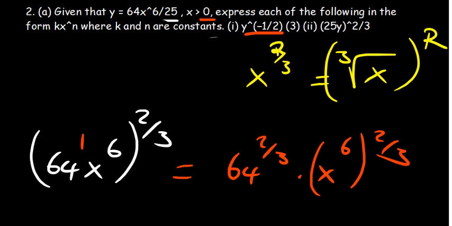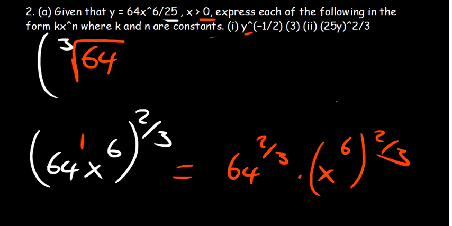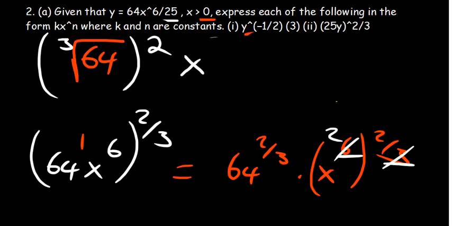That's the way it works. So our 64 in such a case, we're going to have a 3 there, then it will be raised to the power 2. Then this 6 by that can divide, it's a 2, so I have x to the power 4.